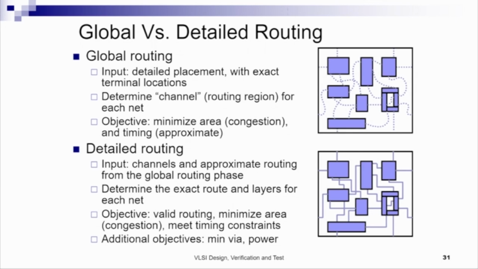Now, we determine channels for each net. So, these are the channels. These are the empty regions, the channels between the blocks through which these wires have to be routed.